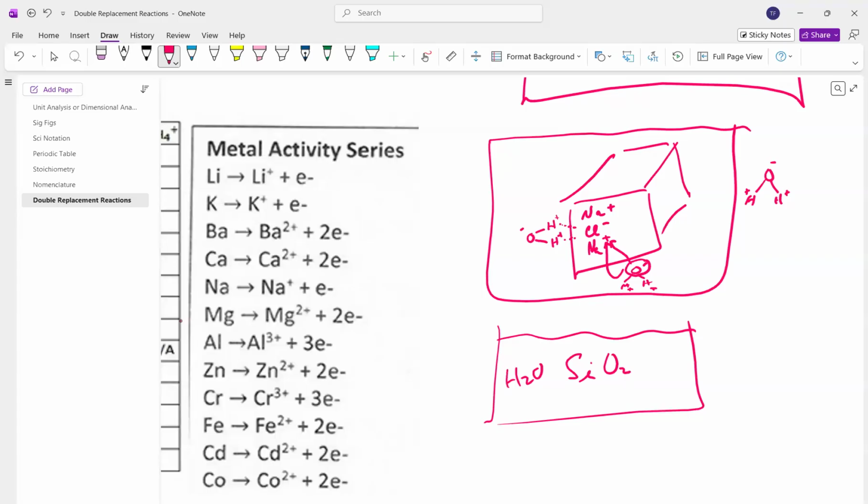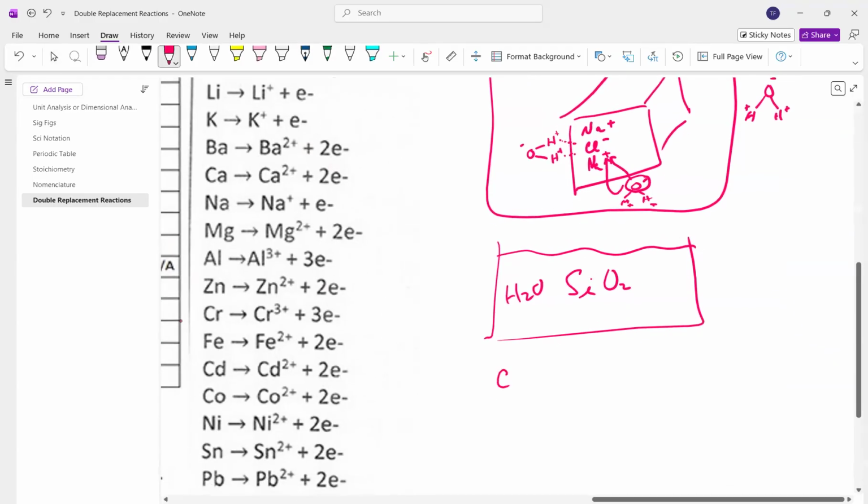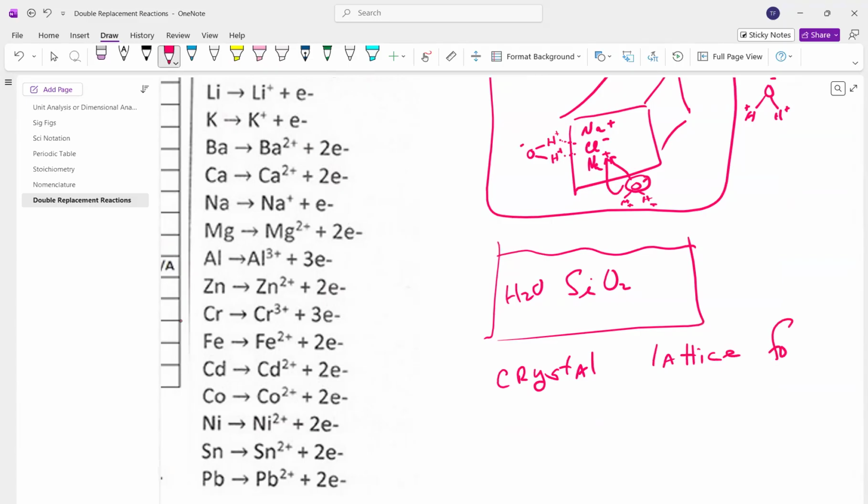So you've got two fundamental forces battling it out at the microscopic thermodynamic layer. You've got the crystal lattice force that keeps the crystal together.